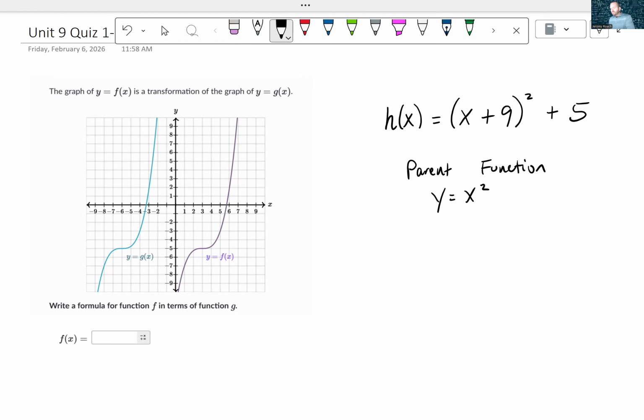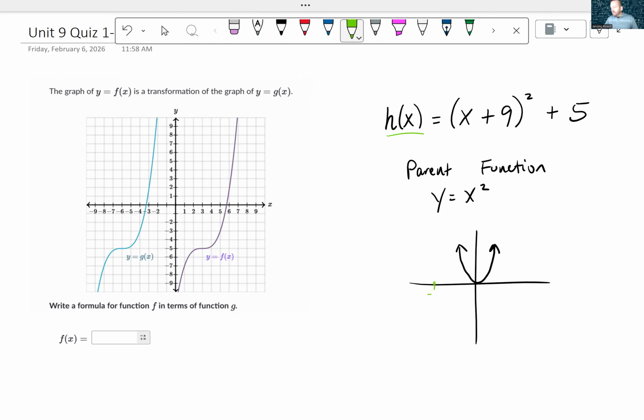So if we graph y equals f of x, I'm just going to do a very quick sketch here. It's going to look something like this. Y equals x squared. If we graph h of x is x plus 9 quantity squared plus 5, we're actually going to move to the left 9 units. So if h of x is green, we're going to go left 9.